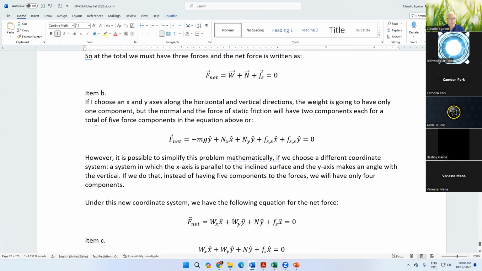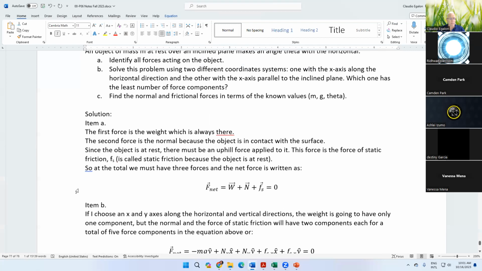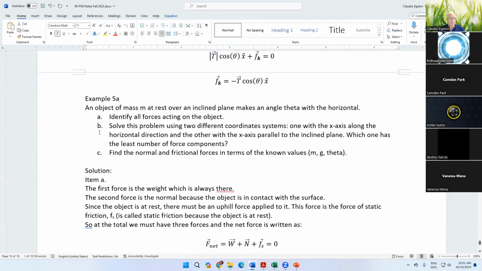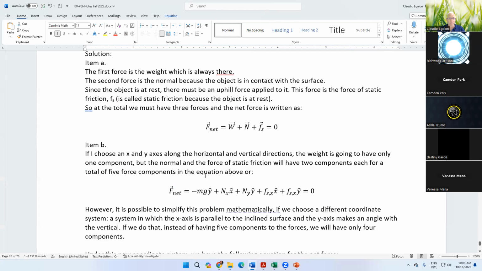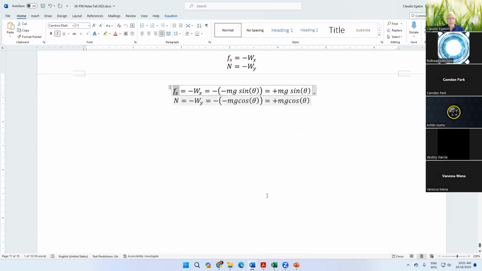If you repeat that for an object moving with constant velocity, F sub S is replaced by F sub K, and you get something similar here. I'm going to elaborate more on this force of friction, both static and kinetic.